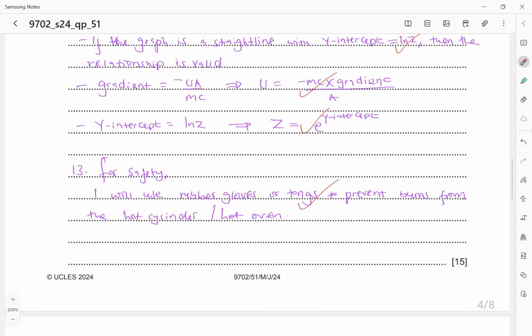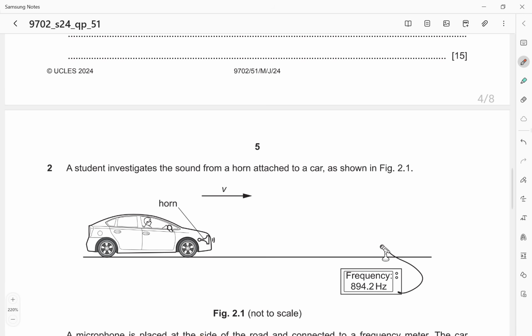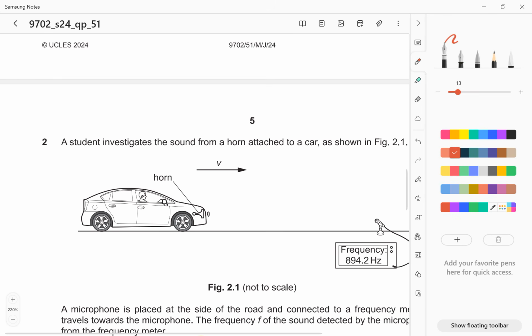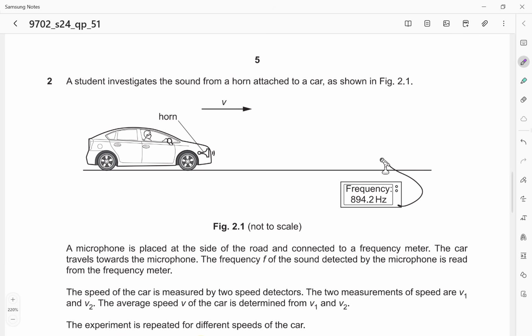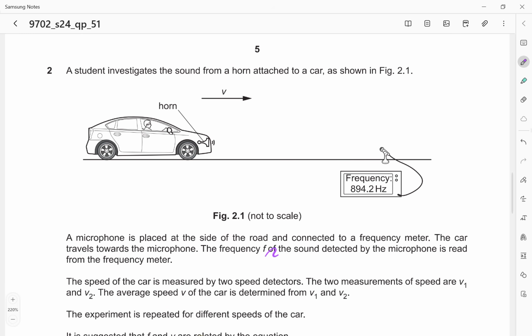So let's talk about question 2. I used a lot of time because I have to give a lot of explanation. Question 2. A student investigates the sound from a horn attached to a car as shown in the figure. So a microphone is placed at the side of the road and connected to a frequency meter.